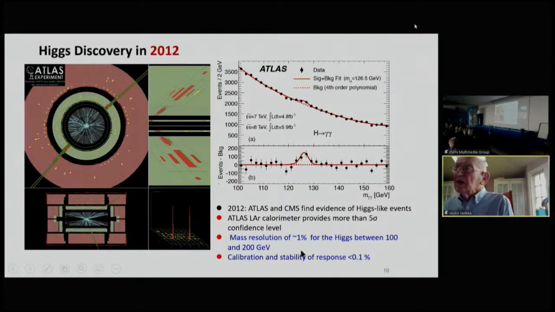The calorimeter has stability of response and a calibration of the order of less than 1%, so that provided more than 5 sigma confidence level in that experiment.